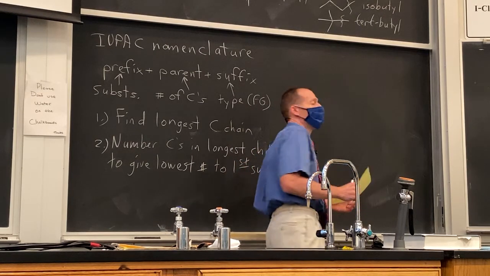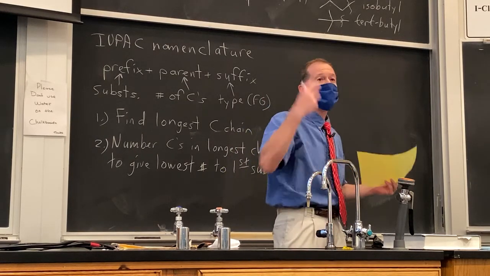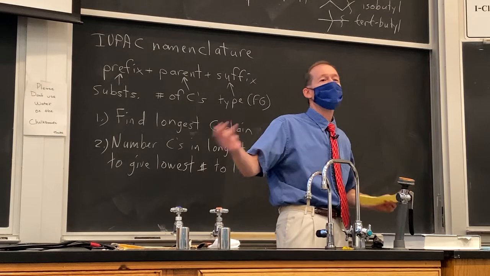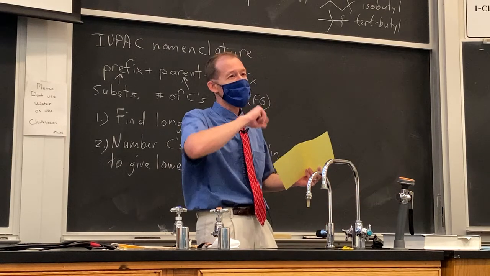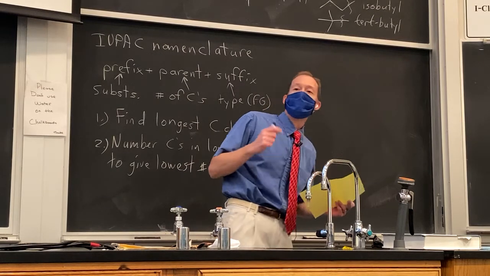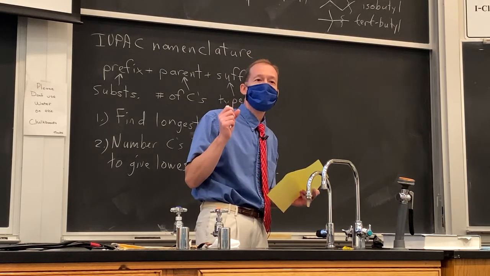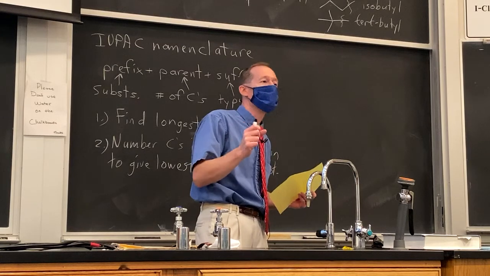Okay? So we could go from left to right or right to left. It doesn't matter. We could just flip the molecule 180 degrees and left would become right and right would become left. So we can't just number from left to right. What we have to do is number from the direction that gives the lowest number to the carbon that bears the first substituent we encounter.